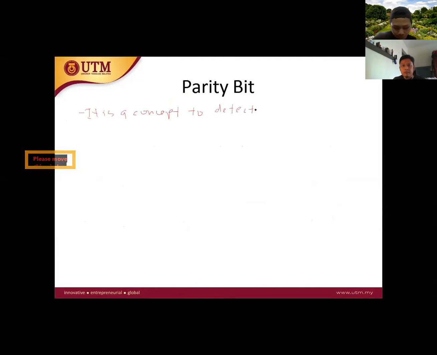Scientists and engineers tried to figure out how to make sure the data that we send is valid. A single bit error is detected by a bit, and this bit is called the parity bit.